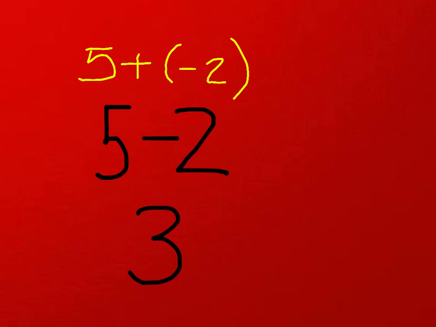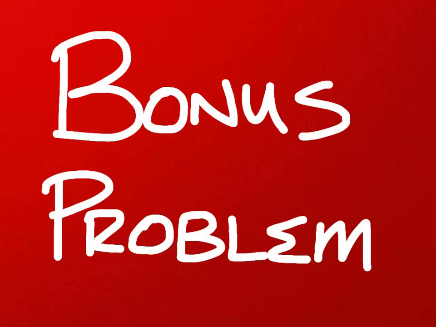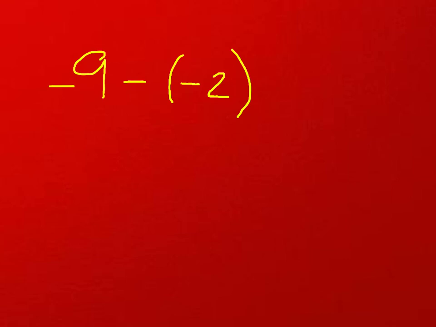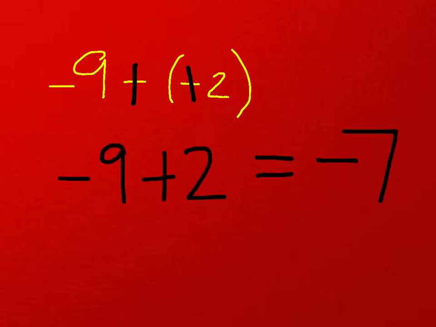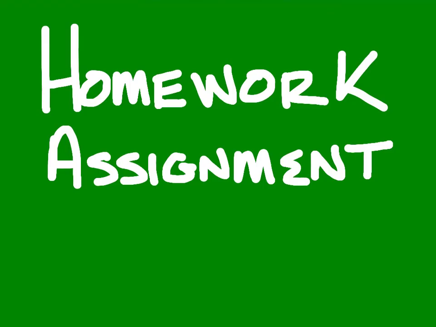So that's going to give us 3. We have a minus and negative, so what do we need to do? Change it to a positive, yes. So negative 9 plus 2 is going to give us negative 7.